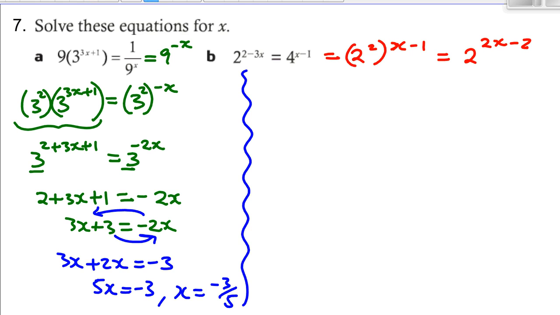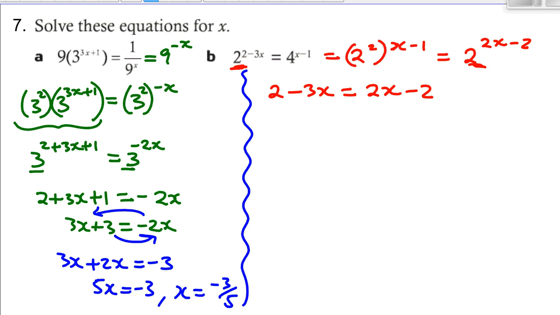Because if you have a power of a power, you can just multiply them out. So we can equate, because we have the same base, you can equate the exponents, which means 2 minus 3x is equal to 2x minus 2.